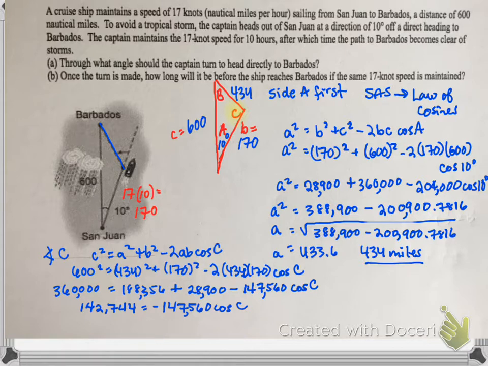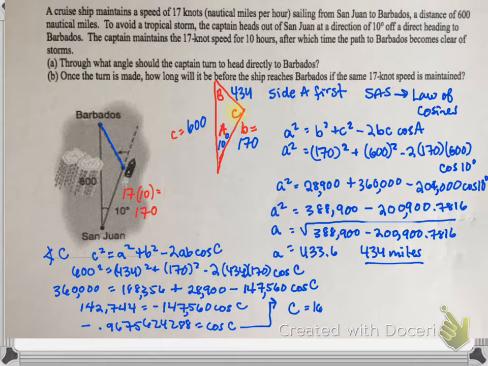Okay, so now if you divide off negative 147,560, I get negative 0.9675624288, and that equals cosine of angle C. Okay, so when I take inverse cosine, I get C equals 165.3.